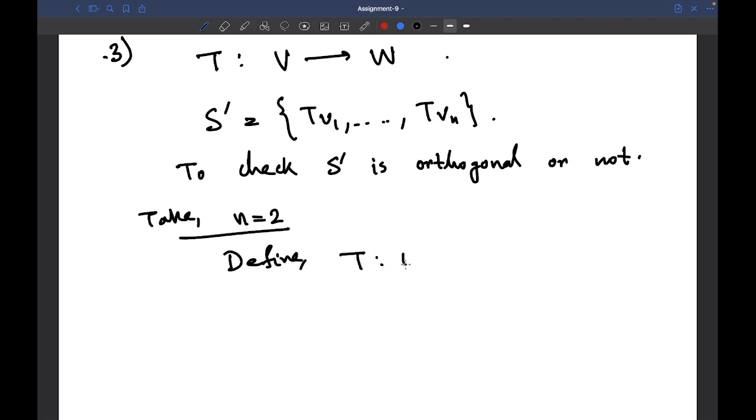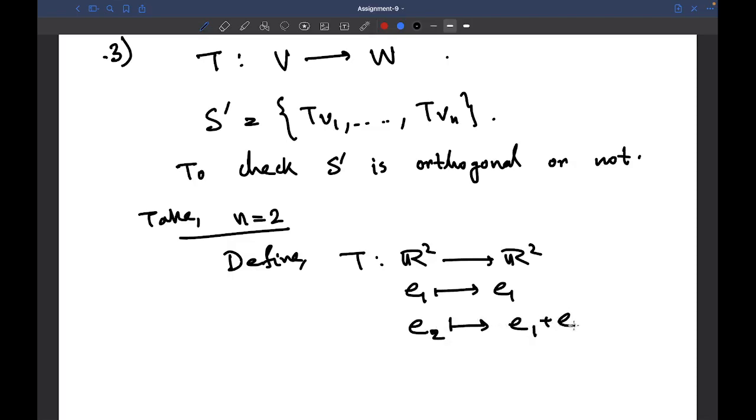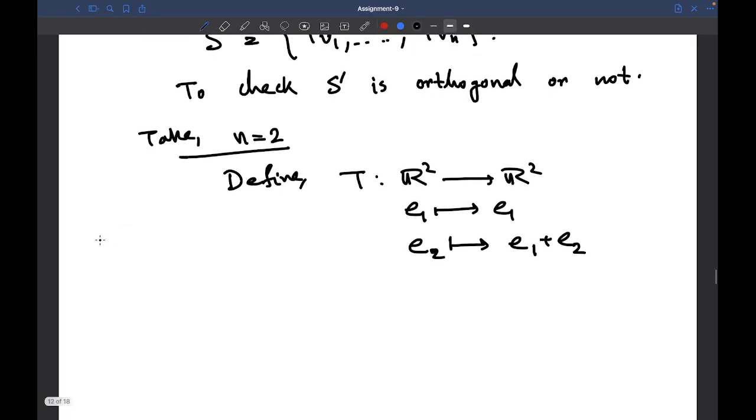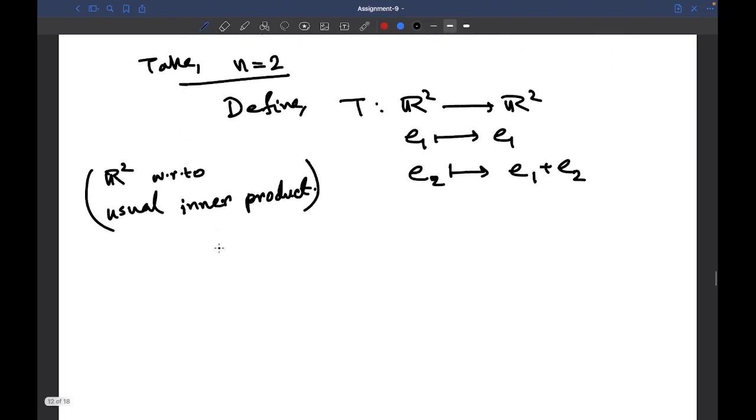define this T from R2 to R2, with R2 taken with the usual inner product. E1 goes to E1 and E2 goes to E1 plus E2. Right.